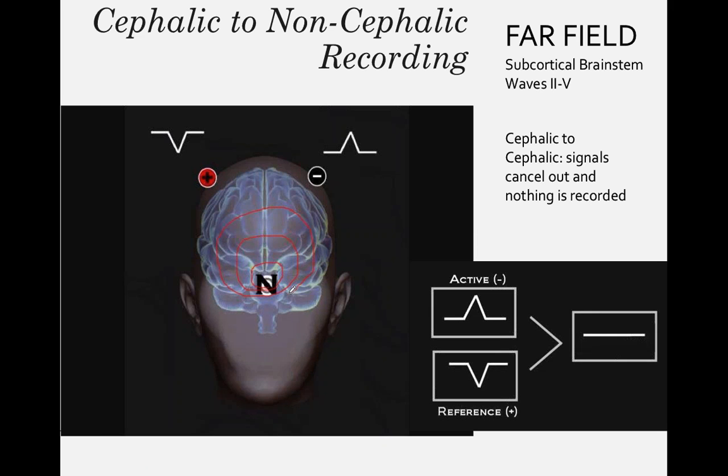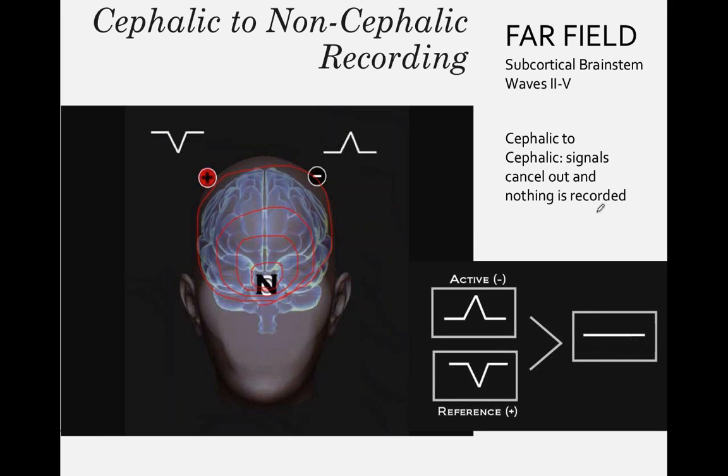These lines all have the same intensity of stimulation, and basically that signal makes its way to the scalp, to where our electrodes are sitting at the same exact intensity. So when you have both your channels recording the same signal, they cancel out. The common mode rejection takes over, and you don't get a signal.